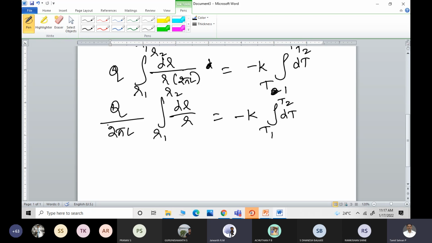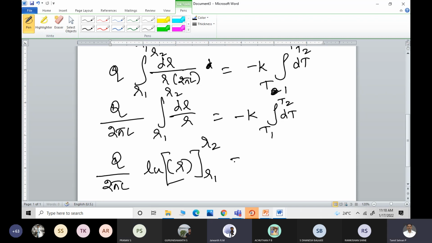Now substituting, Q by 2 pi L into dr by R. The integral of 1 by R dr is nothing but natural log of R. And minus K into dT gives T, with the upper limit T2 and the lower limit T1.